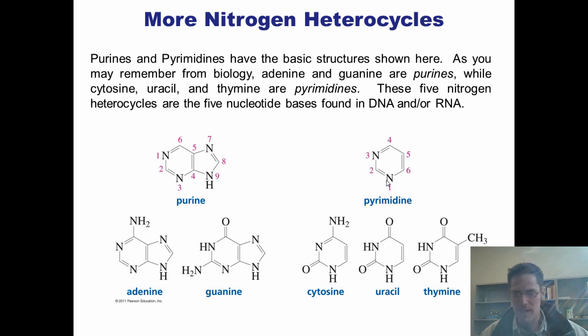Now, in order to remember the names of the purines and pyrimidines, I remember that adenine and guanine, the 2 purines, begin with the letters A and G, which spell ag. Because I'm a USU Aggie, and Aggies are pure in heart, it's easy to remember that adenine and guanine, AG, ag, are purines, pure in heart.